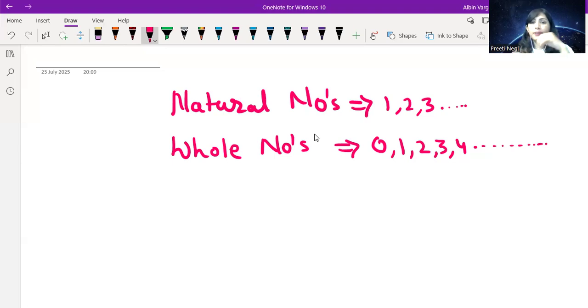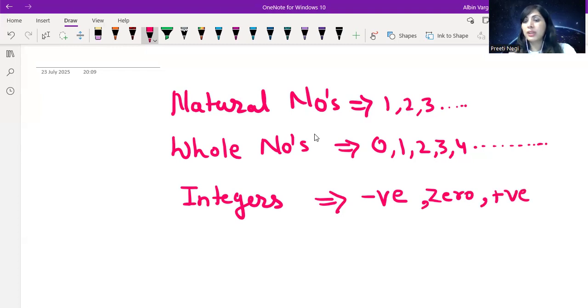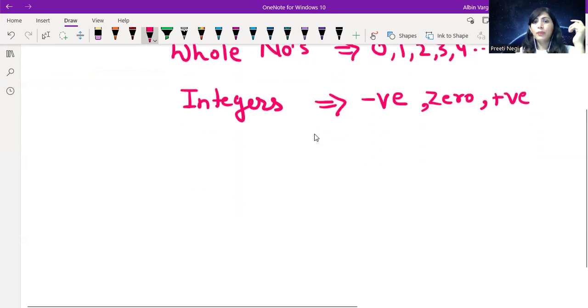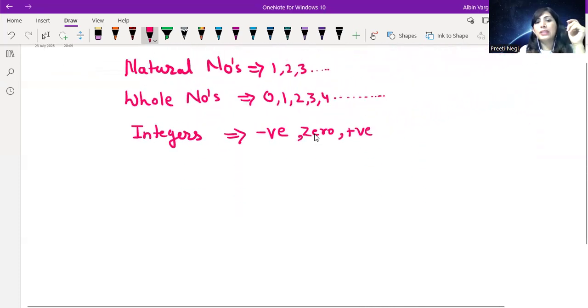What about the negative numbers? So for negative numbers, we have integers, right? Integers are those numbers which have negative, 0, and positive. All negative numbers, all positive numbers, and 0. Okay, let's say we have all negative numbers, right?